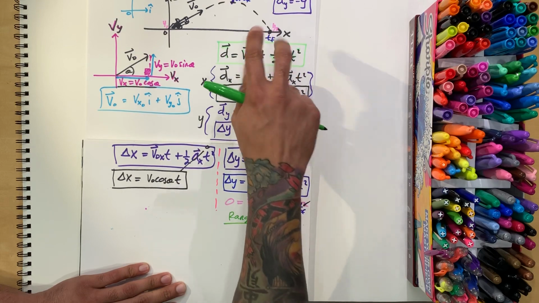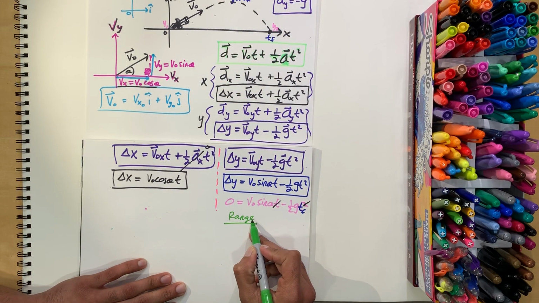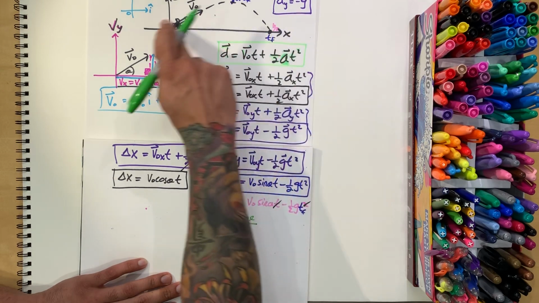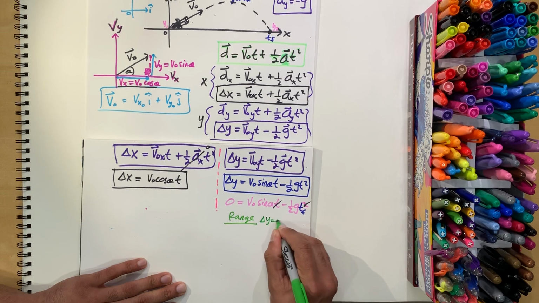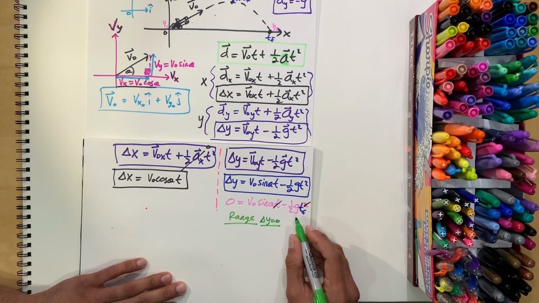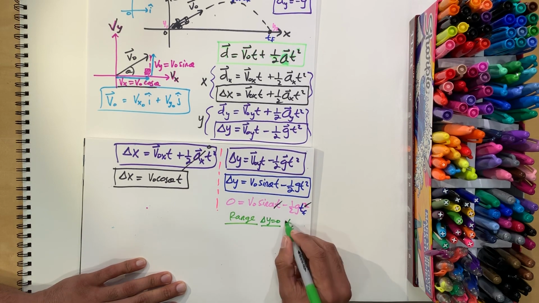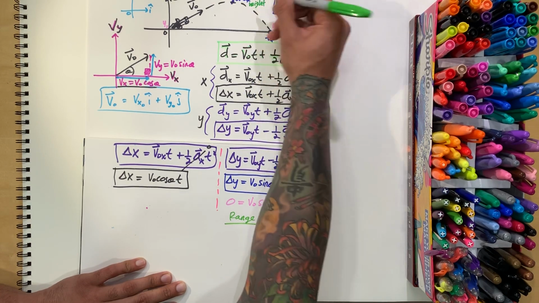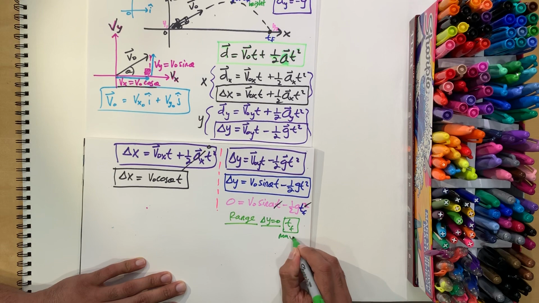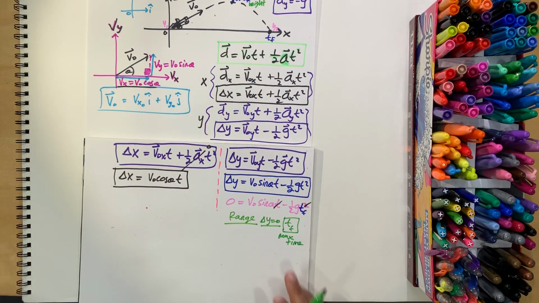So that's the difference between range and the change in x. So the range has a condition in the y that both y's are in the same spot, meaning the change in y is 0. Because of that, we have to change t to t final. Right? That's the maximum time. This is the max height. This is the maximum time that this thing is gonna take to get to that side.